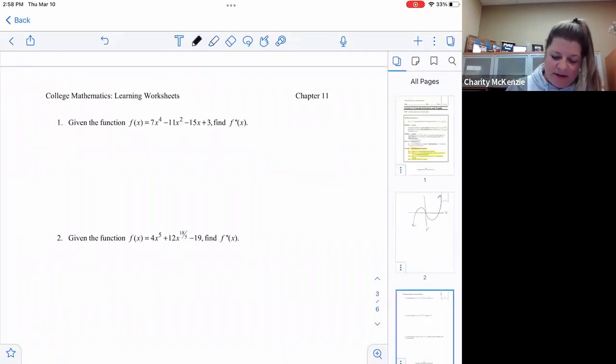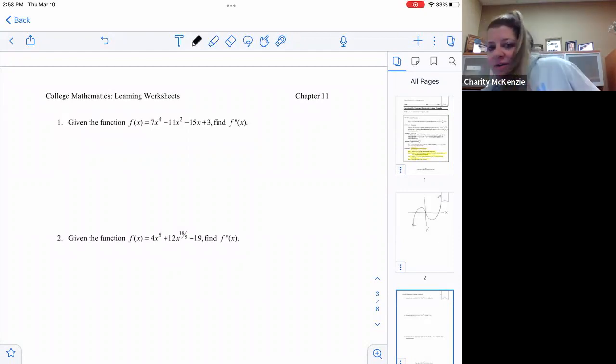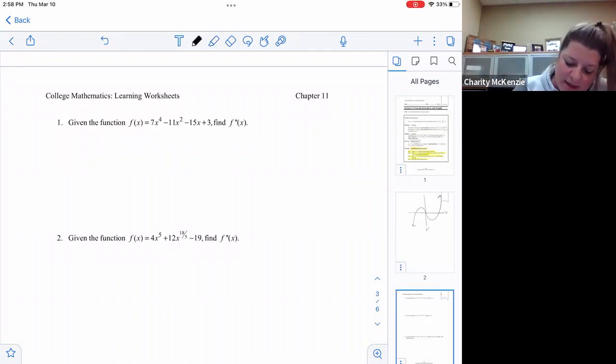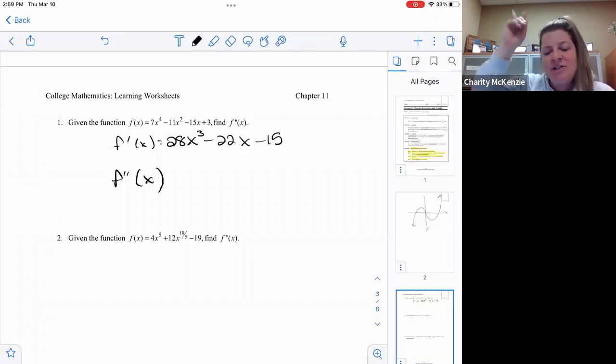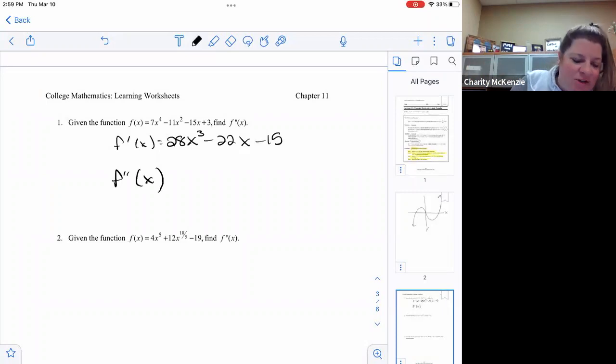So we have to know how to do the first and the second derivative. So look at this function here. What we start with is finding the first derivative. So the first derivative is 4 times 7 is 28x to the third minus 2 times 11 is 22x minus 15, right? Then the 3 disappears. If I want to get the second derivative, we label it with 2 prime marks, right? Second derivative.